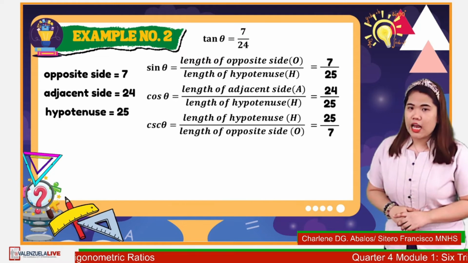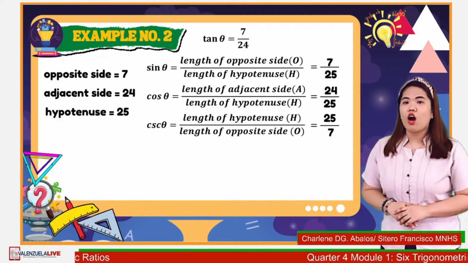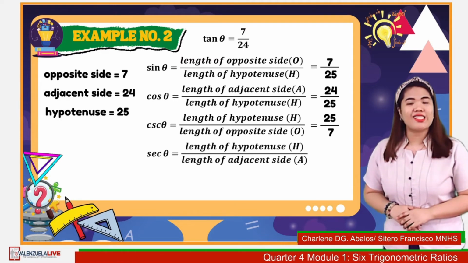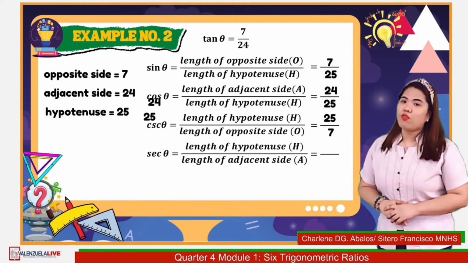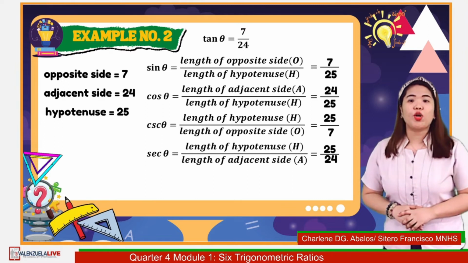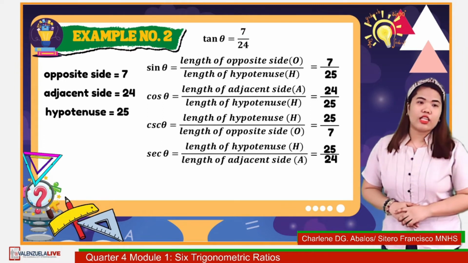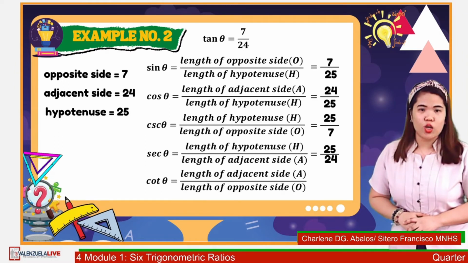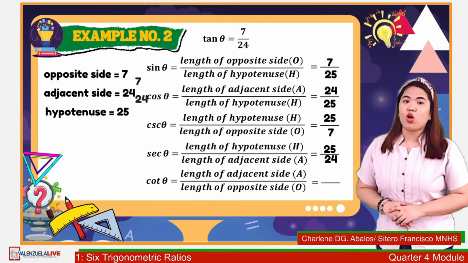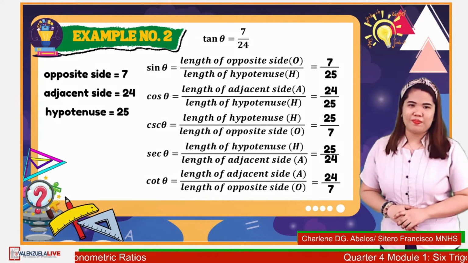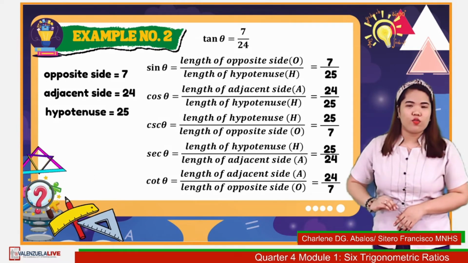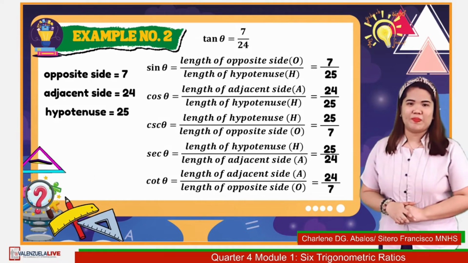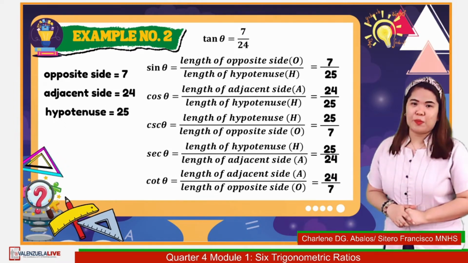For secant theta, get the reciprocal of cosine theta ratio, so it will be 25 over 24. And for cotangent theta, get the reciprocal of tangent ratio, so it will be 24 over 7. These are the remaining trigonometric ratios. Next example.